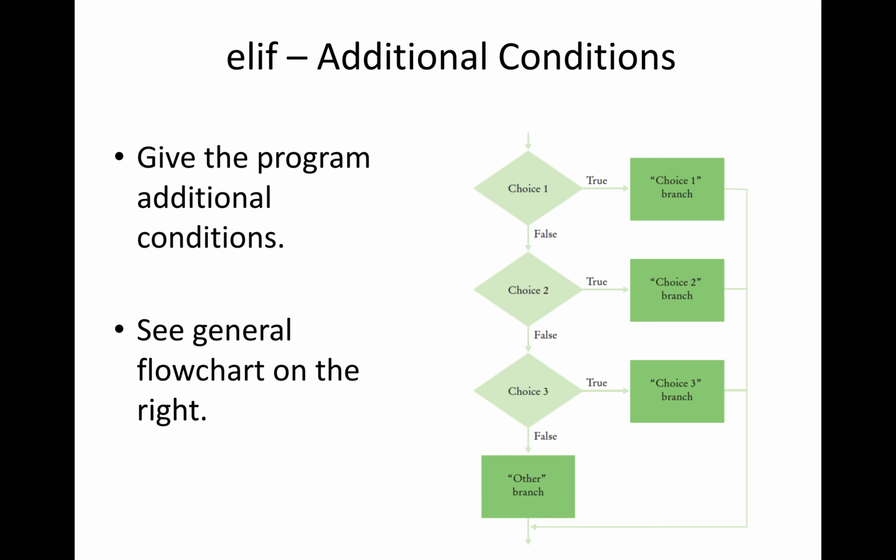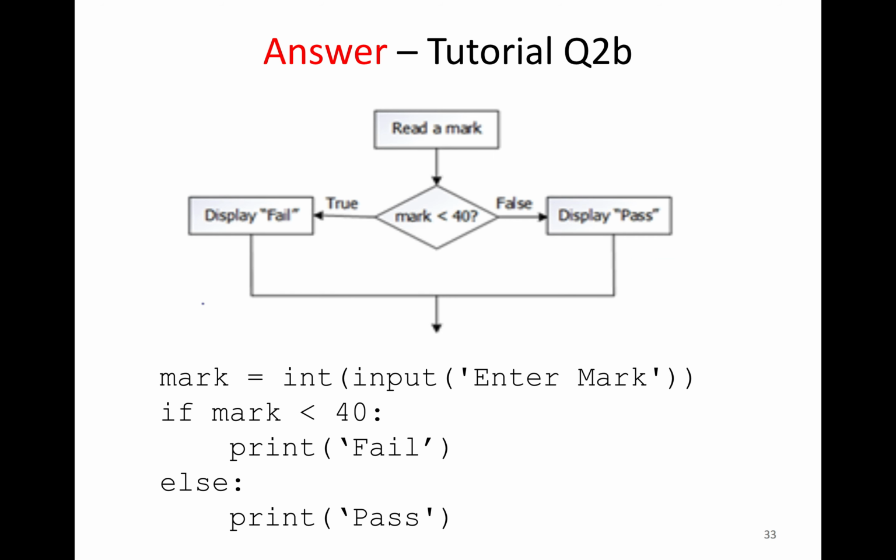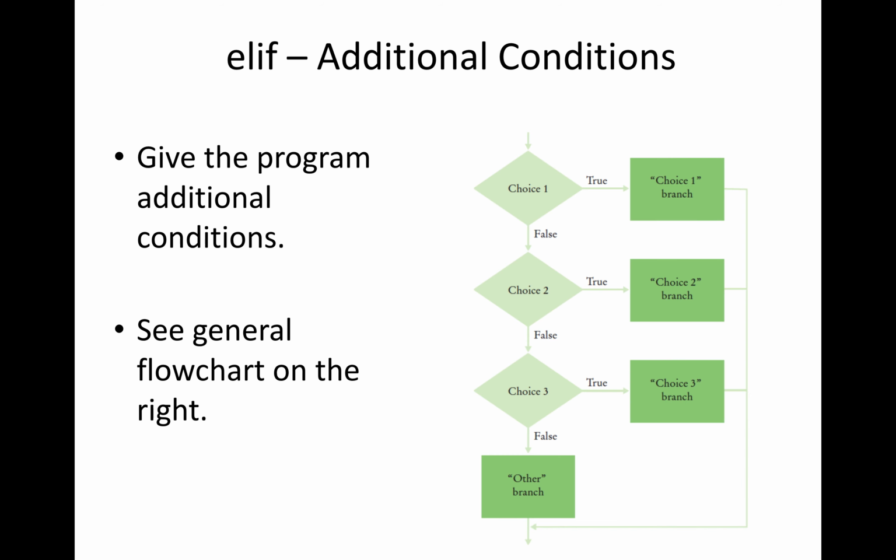Else if conditions: you have choice 1, 2, and you can have additional conditions with else if, elif. If that is true, it goes to the branch.